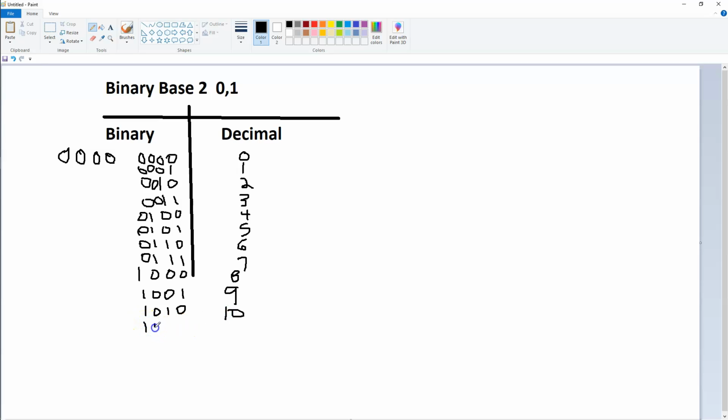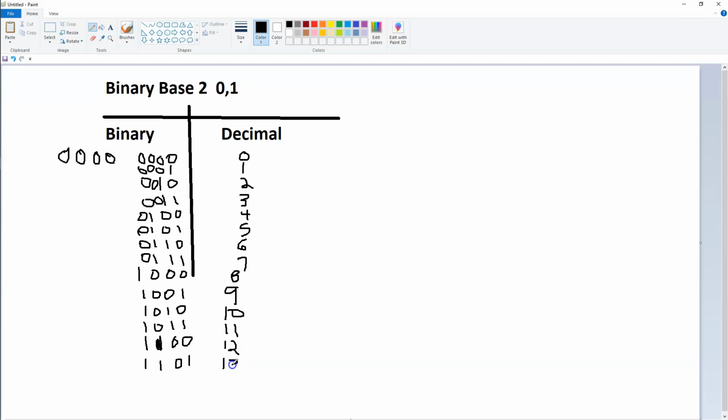Then 1, 0, 1, 1, which is decimal 11. 1, 1, 0, 0. That's 12. Then 1, 1, 0, 1.